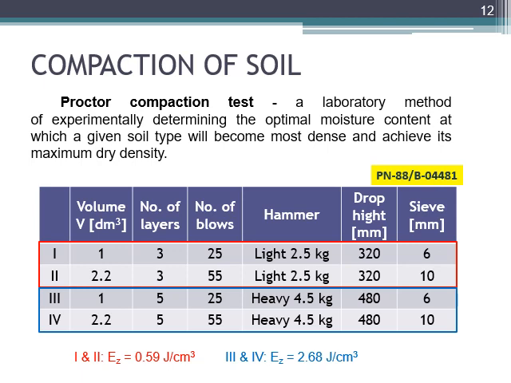And the engineers all over the world have decided to follow the proposal of Ralph Proctor. He was an engineer who, in 1933, discovered that the dry density depends on the water content of the sample when it's compacted. So to honor his experiments, we are calling the standard compaction test a Proctor test.